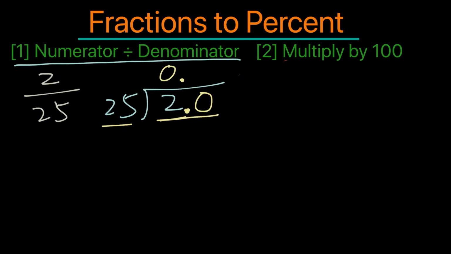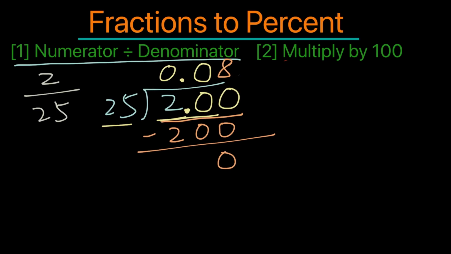And now we have 20 divided by 25, and it's still too small, so we'll place another 0 on top, and then another 0 as a placeholder. Now we have 200 divided by 25. And we can put 8 because 8 times 25 is 200.